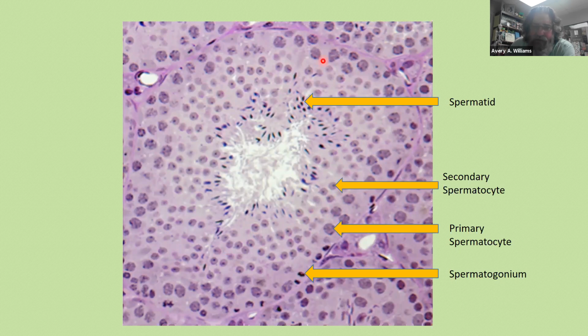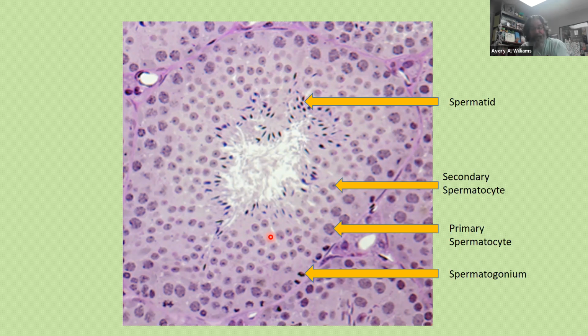They're the most numerous ones, and they're all formed from these guys. So this is like a different generation: primary spermatocytes here, and then secondary spermatocytes here. That's what happens in meiosis 1. You go from primary spermatocyte to secondary spermatocytes, okay?